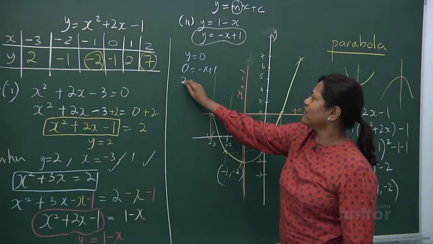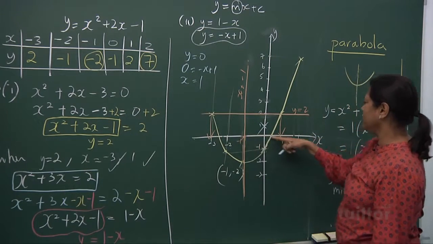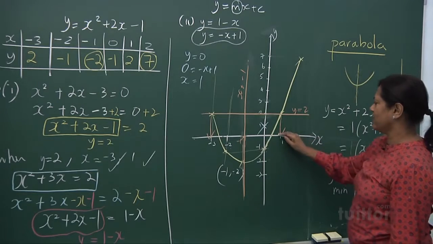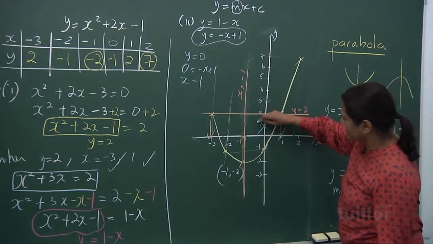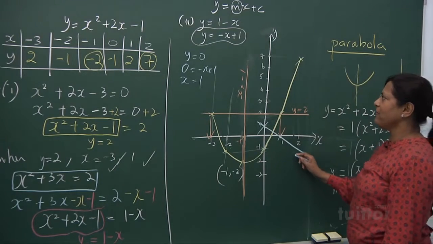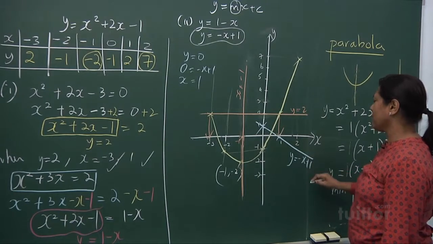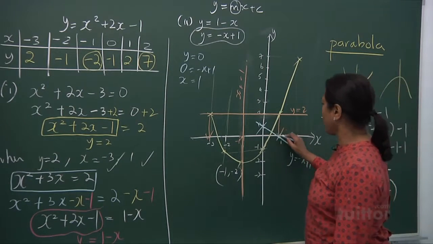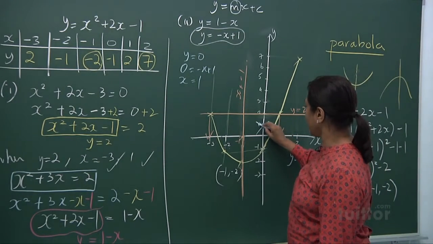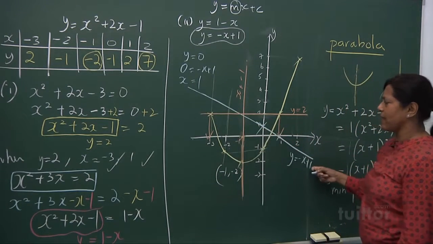Bring your minus x over. Your x is 1. When y is 0, x is 1. So you've got this lovely straight line. And the name of this graph, y equals minus x plus 1. Just draw it across and you've got that straight line.